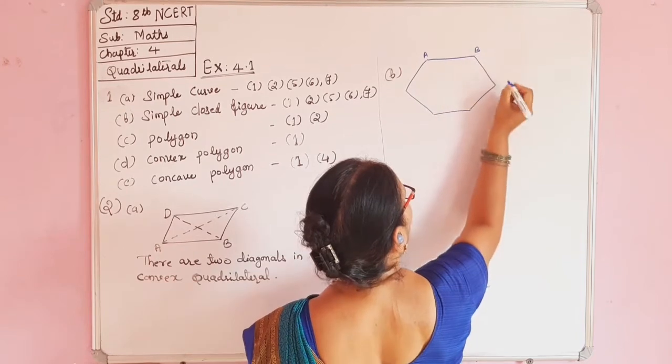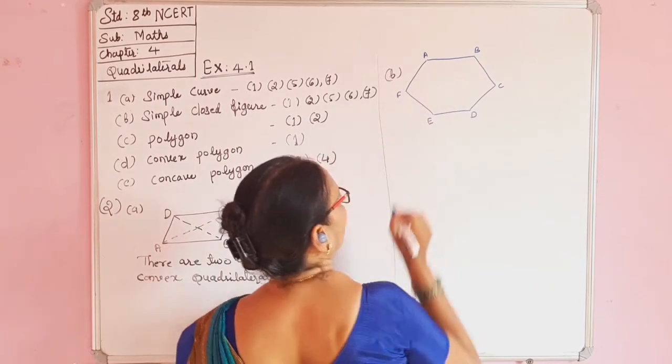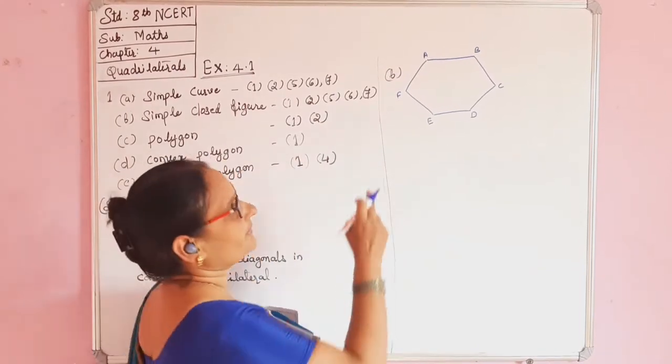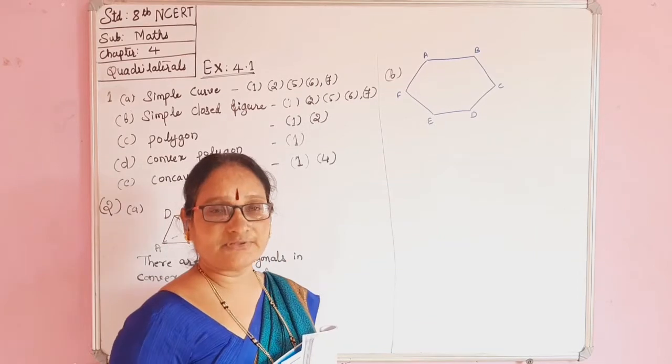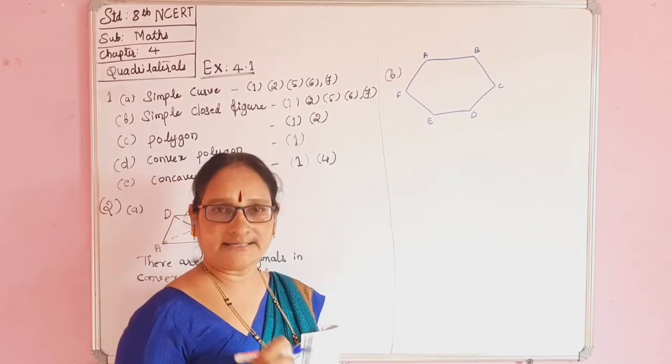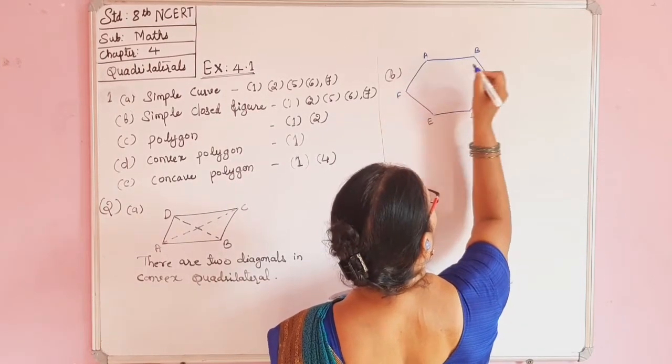A, B, C, D, E, F. Diagonals means, see, how many vertices are there here? There are 6 vertices. Then how many times can we join the vertices? We will see now. First, we will start from here.